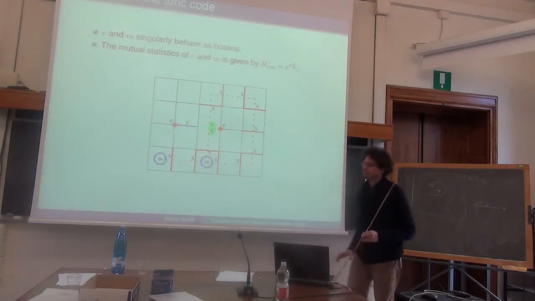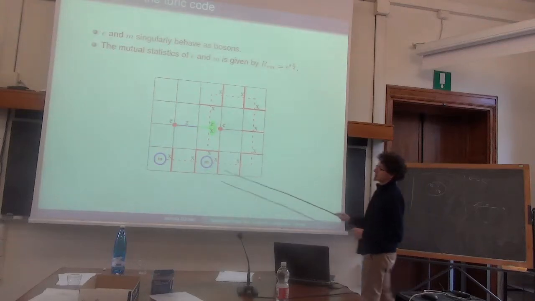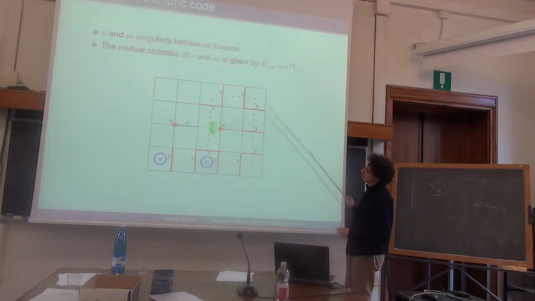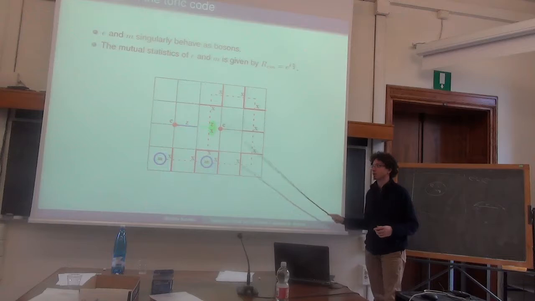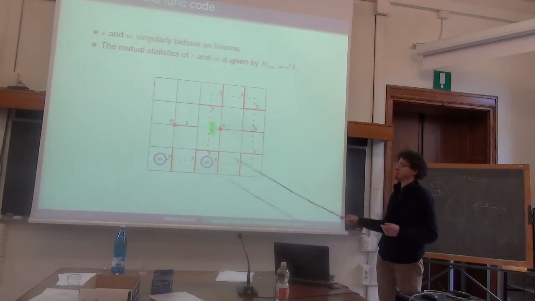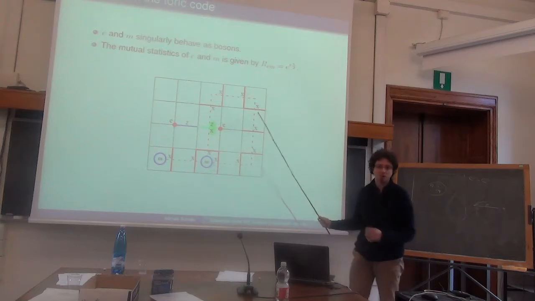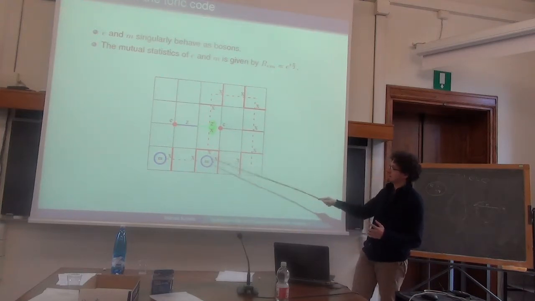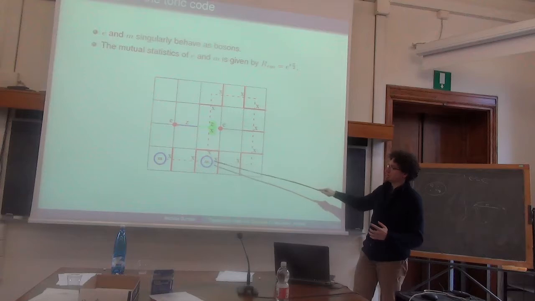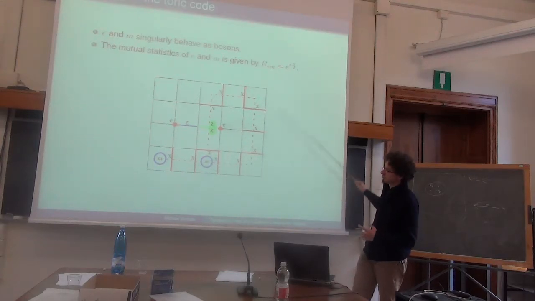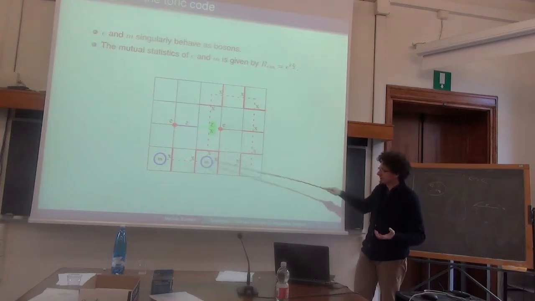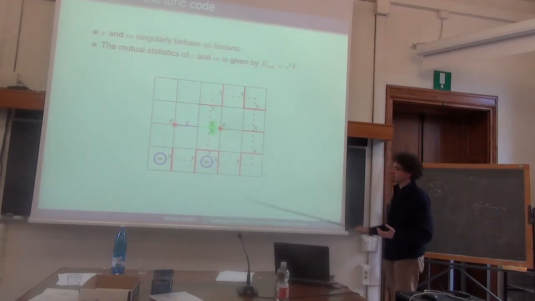Whereas something less trivial happens when I try to move a charge M around a charge E, or I try to exchange their position in the lattice. It cannot be exactly done, but essentially you must consider in this case that a single exchange is consistent with a single particle moving. So two exchanges are a single particle encircling the other.